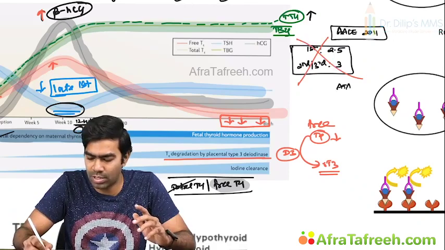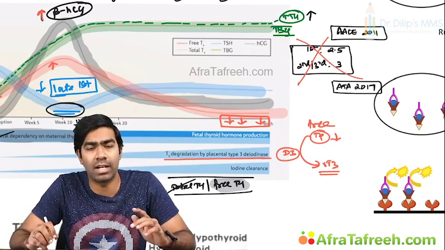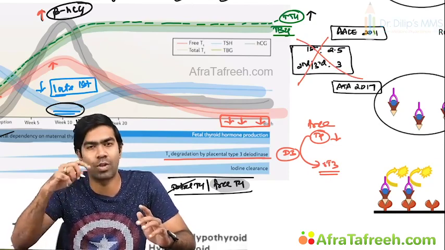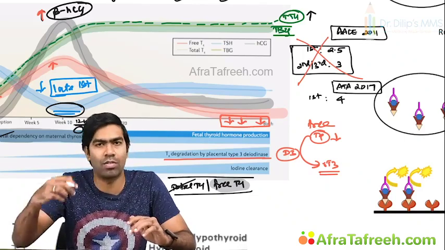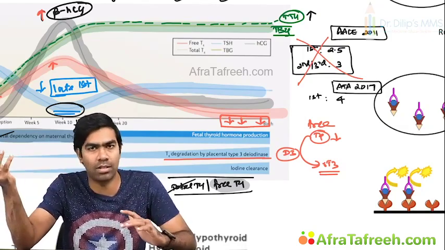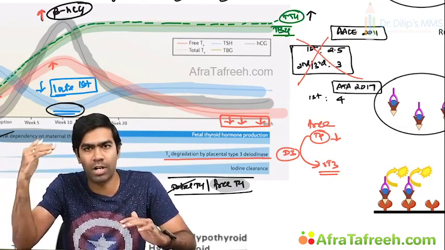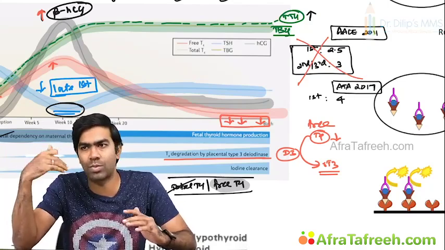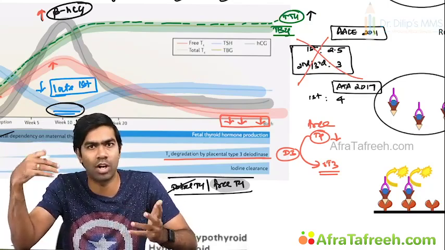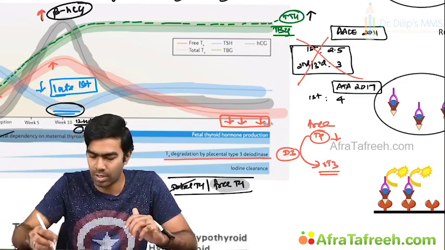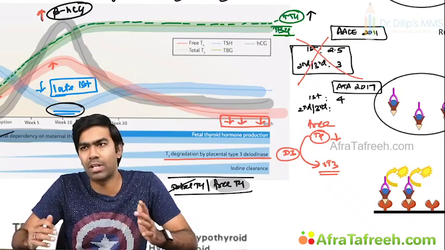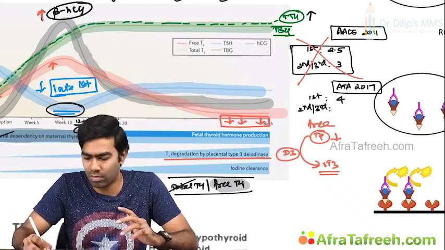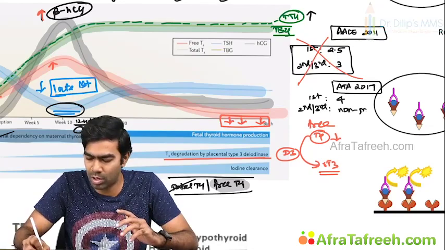The ATA 2017 guidelines are a guideline update. The 2017 guidelines clearly said that these much lower cutoffs are generally unnecessary. In the first trimester, you just keep a cutoff of 4. It is lesser than the non-pregnant cutoff, but still you keep a cutoff of 4 in the first trimester. That is to adjust to the lower TSH that is normally seen in the first trimester. And in the second and the third trimester, you can keep a more liberal cutoff, like you can just make the cutoff the same as for a non-pregnant individual.